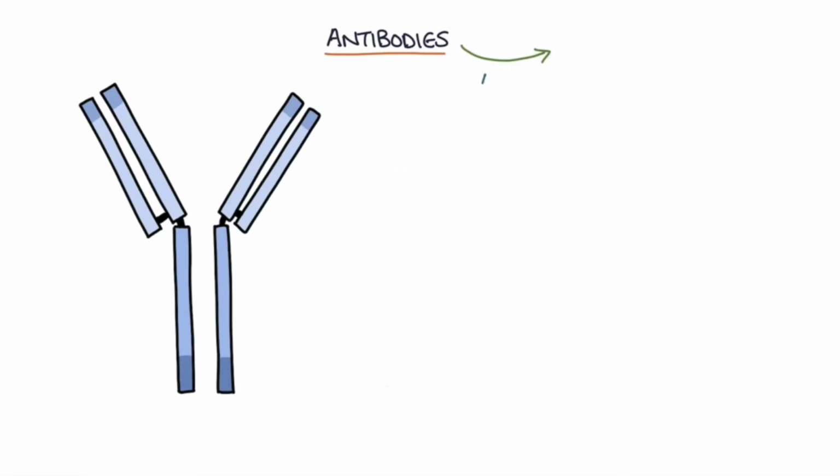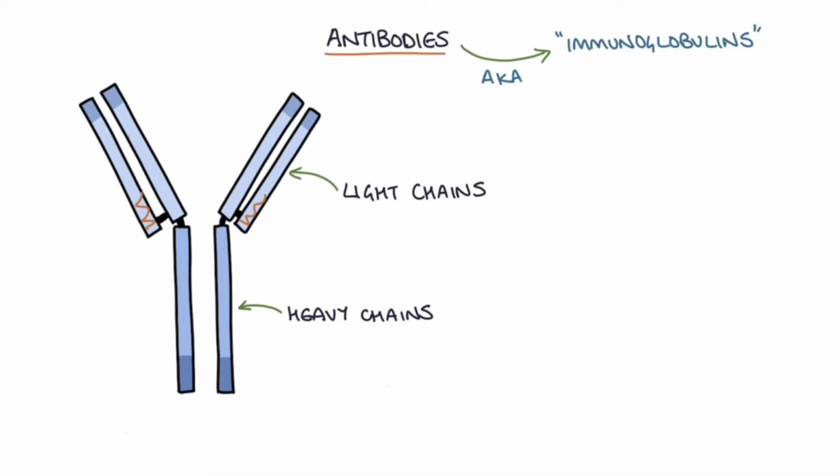So let's talk about antibodies. Antibodies are also known as immunoglobulins, so you might hear either of these phrases. And antibodies are complex molecules that are made up of two heavy chains and two light chains that are arranged in a Y shape.